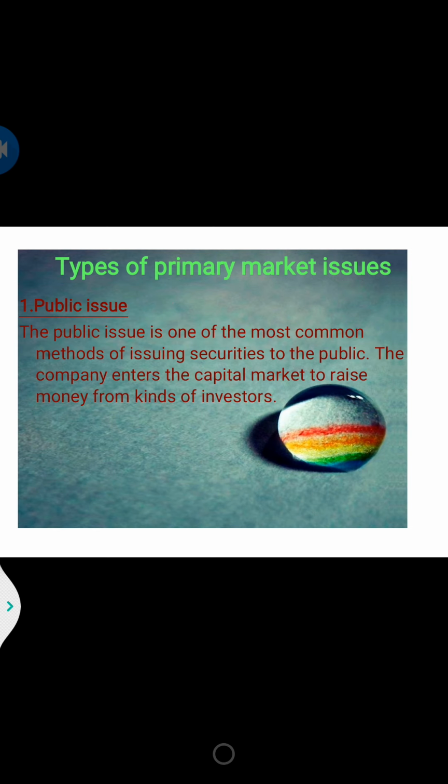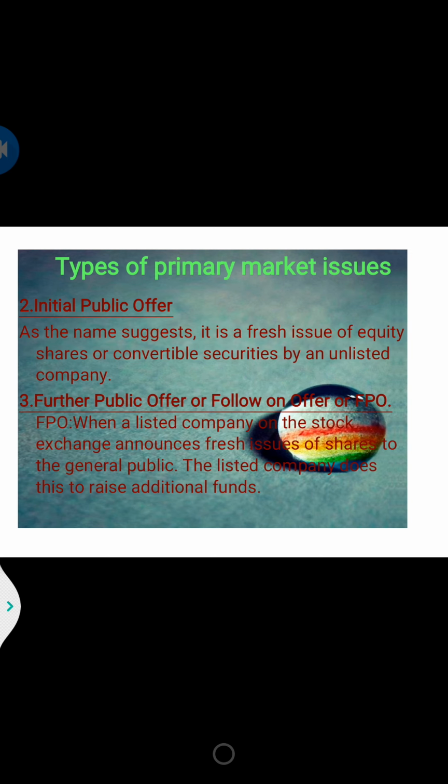Public issue, in simple terms, is when a newly started company raises capital by issuing shares to the public. Under that comes your initial public offer.